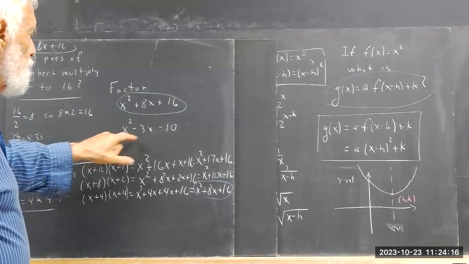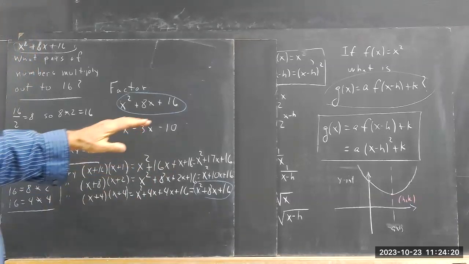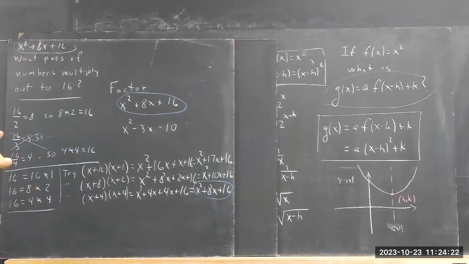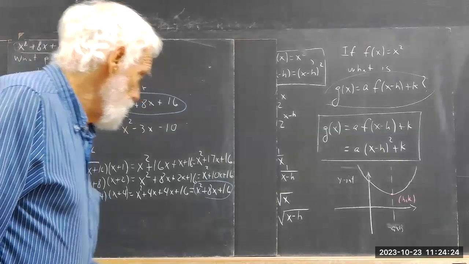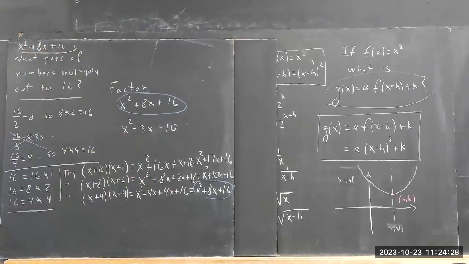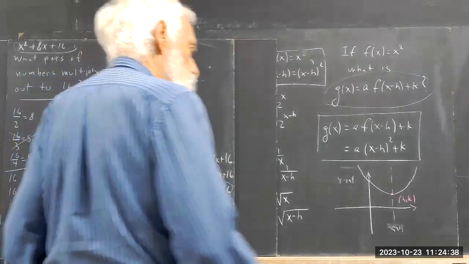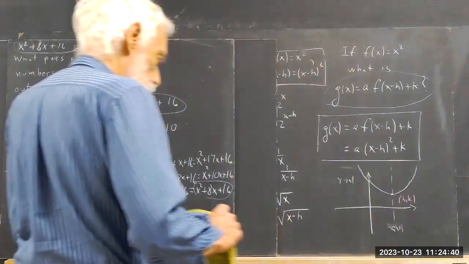Now we're going to try x squared minus 3x minus 10. So can you write out the steps that I did? Write out all the steps, similar to what I did. Don't skip anything, and see if you can get that one to work out. And you know what? I'm going to change this a little bit, because this is a little more complicated because we get negative numbers.